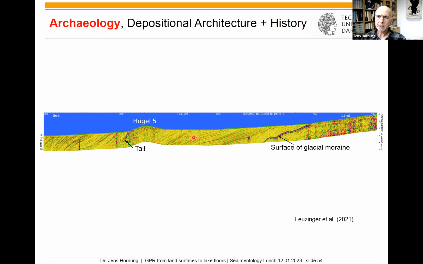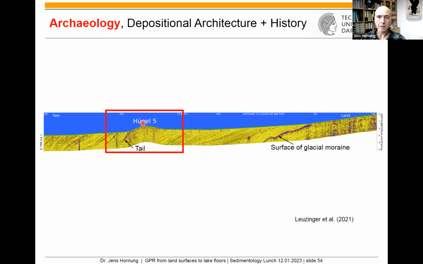So sediments here are on top. You see different radar phases, weak reflections, strong reflections, and weak and strong reflections combined with some chaotic layers in between. So completely different radar phases. And then the hügeli sits on top of the sediments.